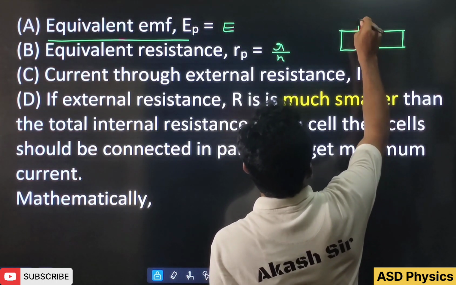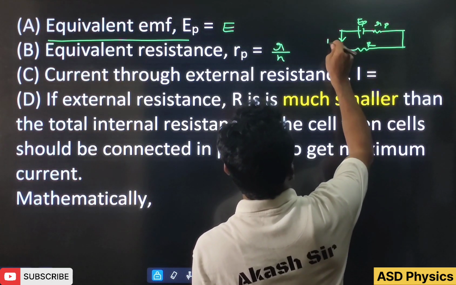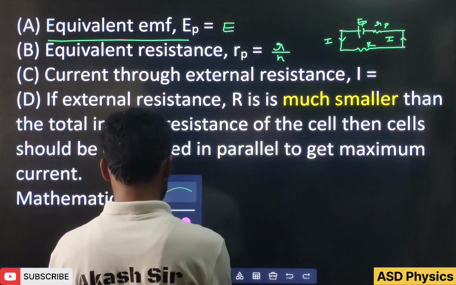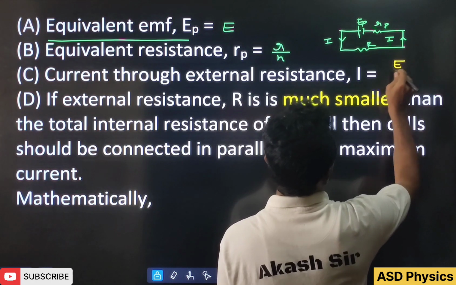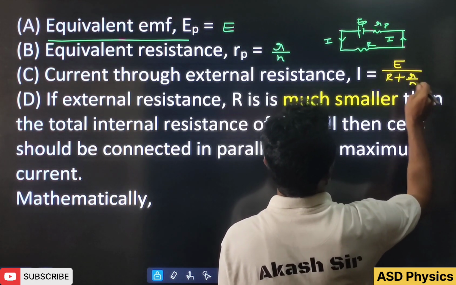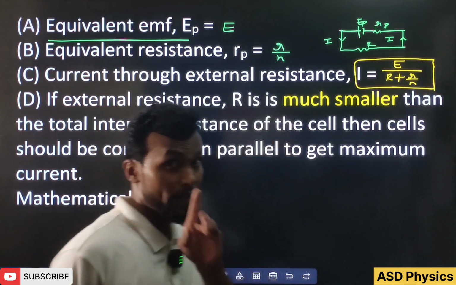This is R, this is Ep, and this is Rp. The current will flow like this, I and I. So in this situation we can write I equal to Ep, means E, by capital R plus Rp, means R by n. So this is the current in a parallel combination.